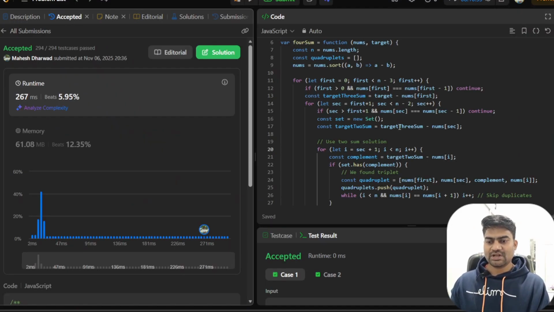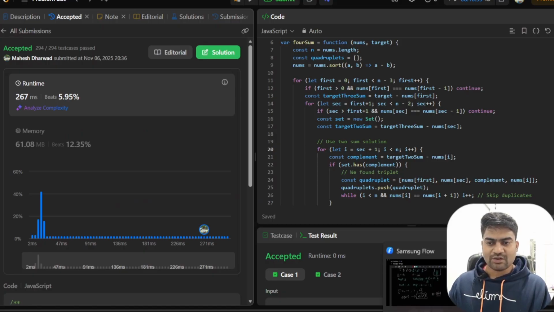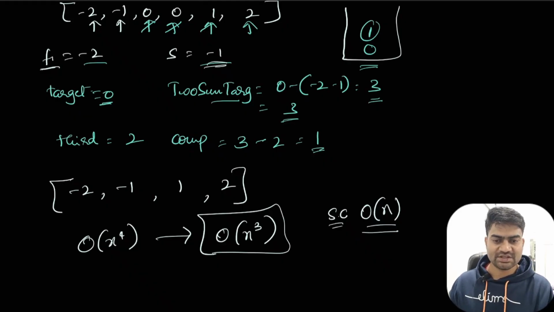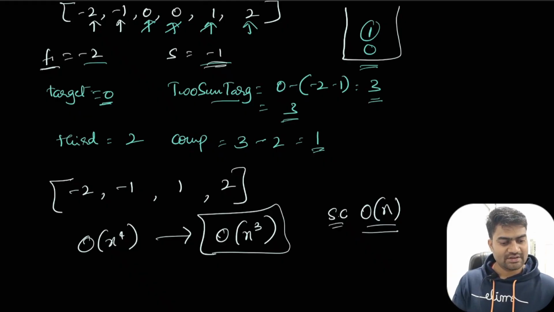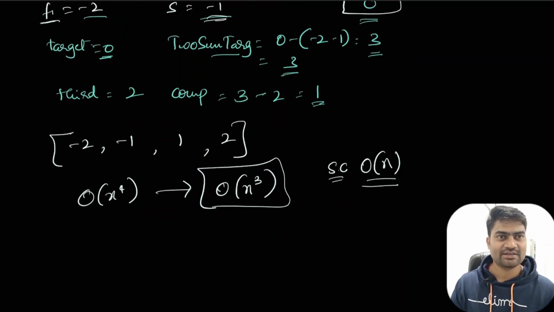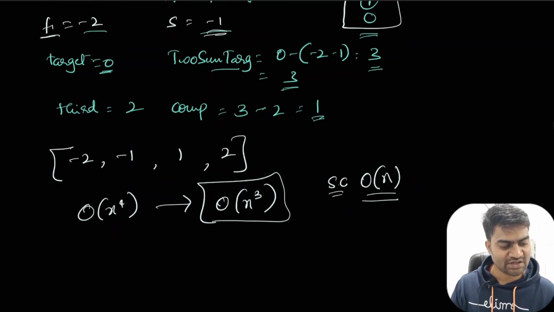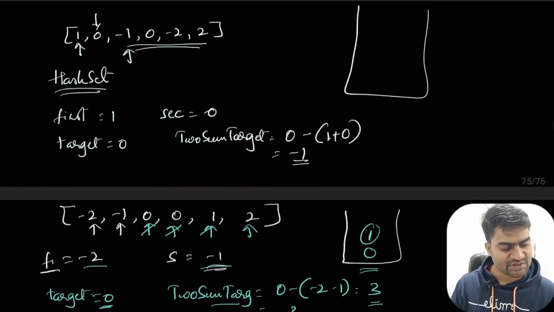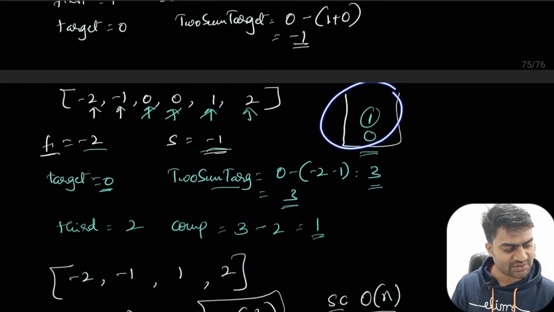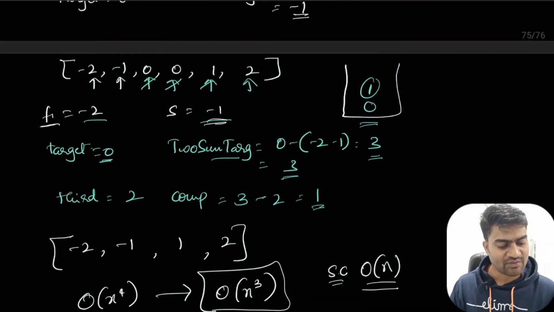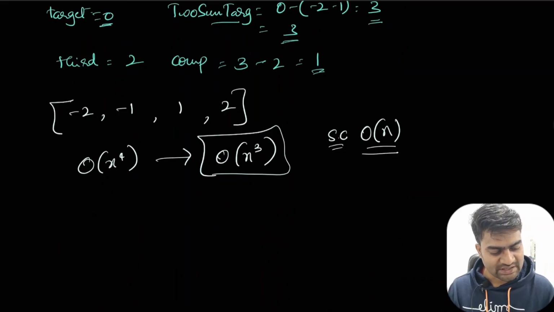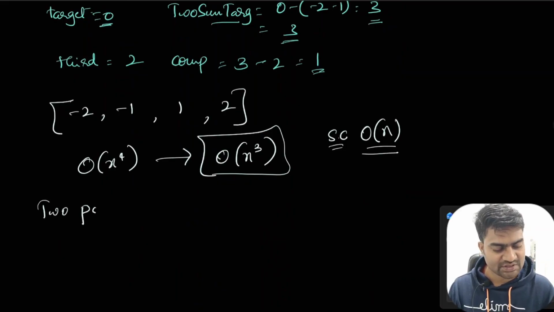Okay, so now let us see how to improve this. I will switch to editor. So now again the same story. If you have seen the three sum problem, we want to improve this. For that, instead of using hash set, we want to use two pointer technique.